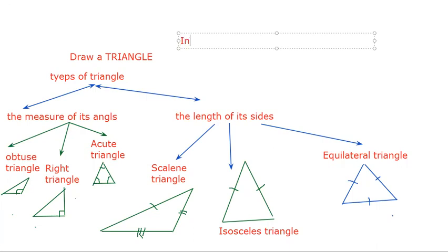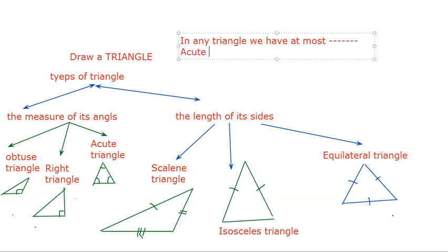In a triangle, we have at most how many acute angles?